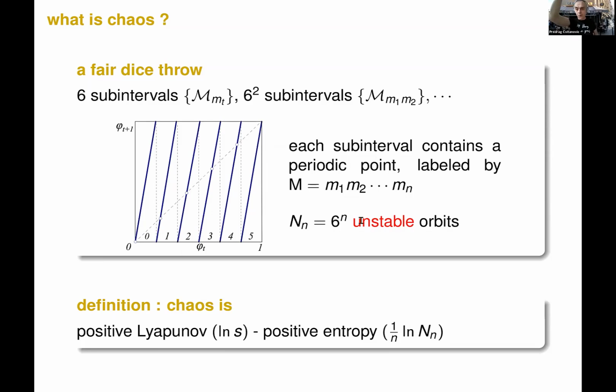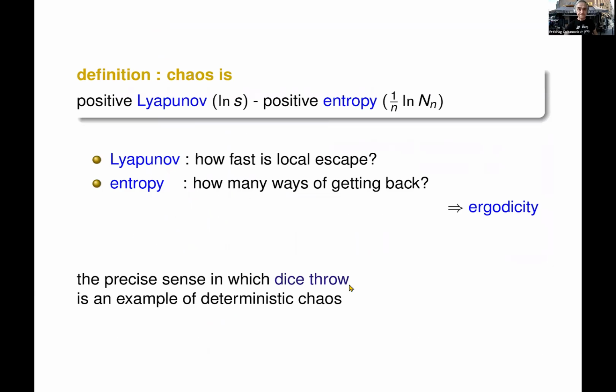So possible walks through this symbolic dynamics space, possible sequences. I take the logarithm divided by n, and that's a rate of how often I come back, or how many walks I have. And that's called entropy in dynamical systems. And chaos is positive Lyapunov and positive entropy. That's chaos, deterministic chaos.